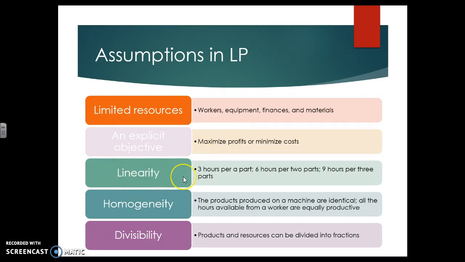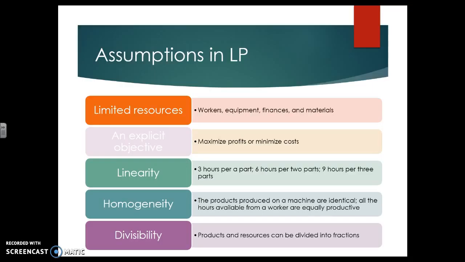There is an assumption of linearity. So all of those equations are linear relationships. We're not looking at exponential relationships or anything else to that effect. There is also this huge assumption of homogeneity. Meaning, if I am working on one machine, A, and my friend is working on another machine, A, we are assuming that we are both identical in our productivity and that both machines are working identically.